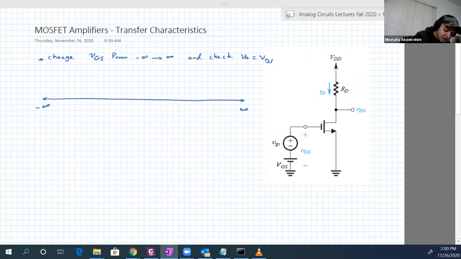So the first piece ends at that point, which we'll call VGS on, and the last portion, or the third portion, will start at what is called VGS set. So basically, these two transition points will divide the operation of the transistor into three regions. The first one is cutoff, in which VGS is less than VGS on.